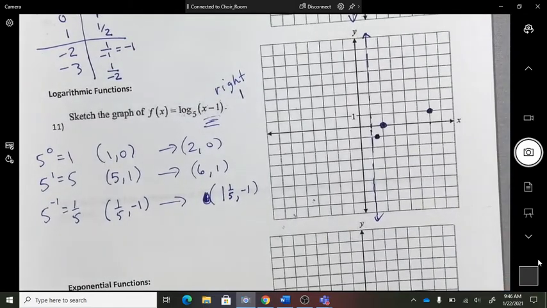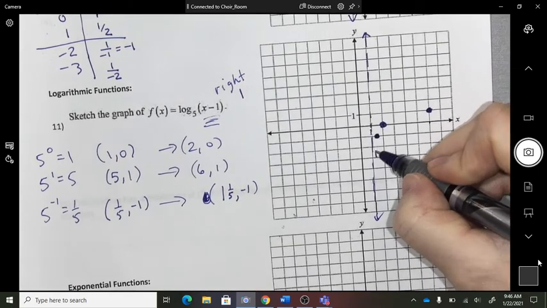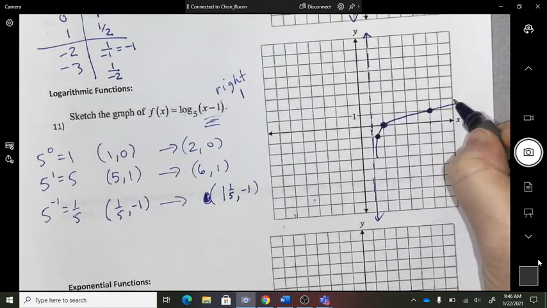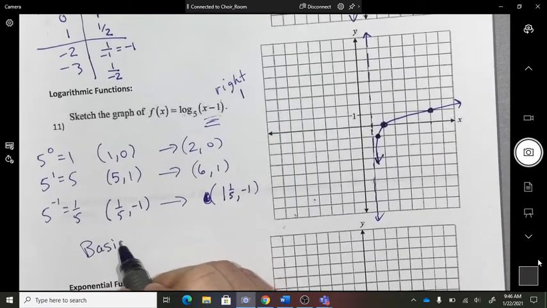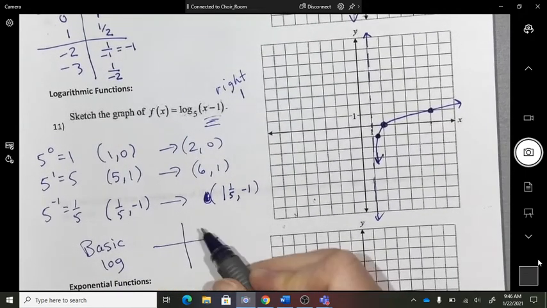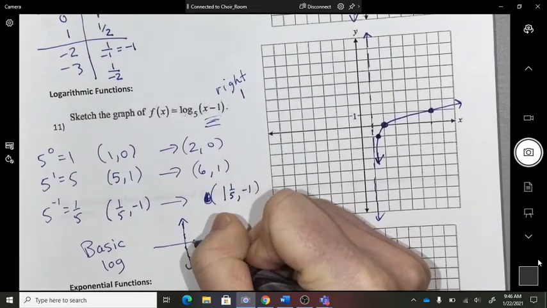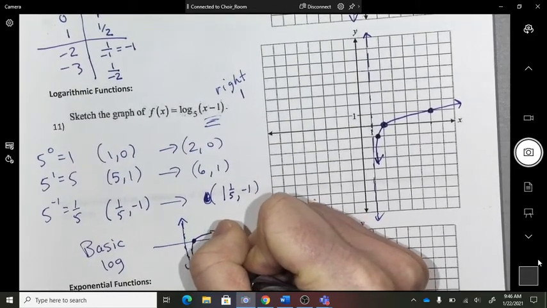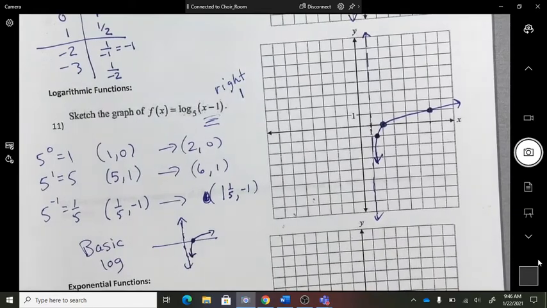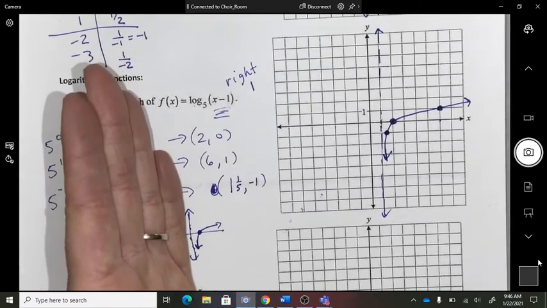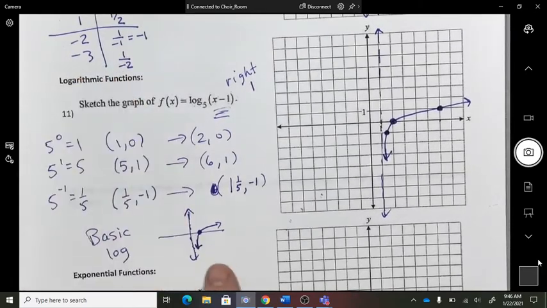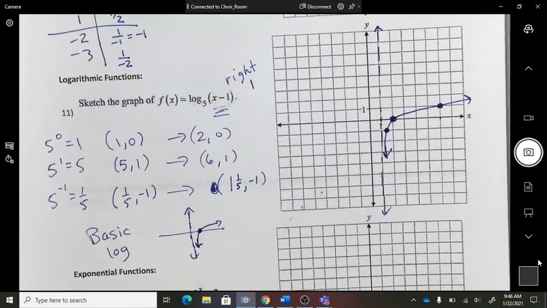Our asymptote is along the 1. So a basic log is usually x equals 0 as an asymptote, and a basic log usually has that coordinate 1, 0.